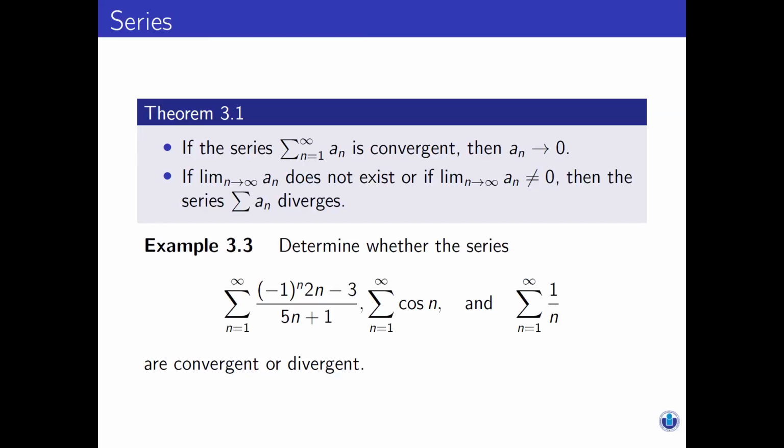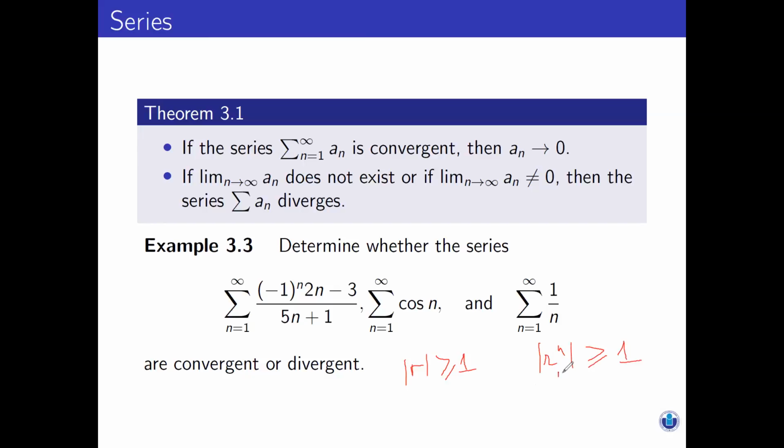We already used this, for example, in the geometric series before. We see that if r is bigger than 1, then certainly the size of r to the n is always bigger than 1.